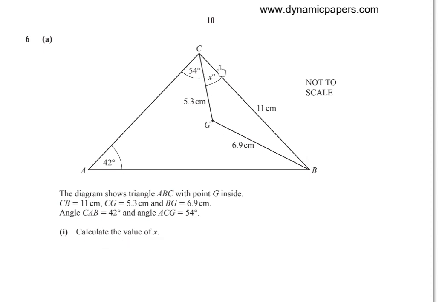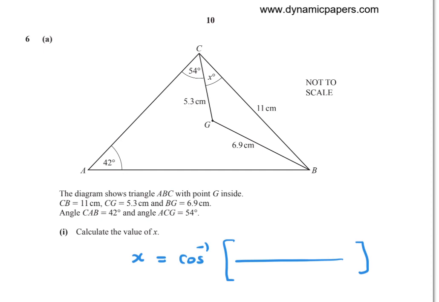In this triangle, we have all sides and we need to find this angle, so we can use the cosine rule. So x equals cosine inverse of a fraction. The numerator for this fraction is the adjacent squared plus the other adjacent squared minus the opposite squared.